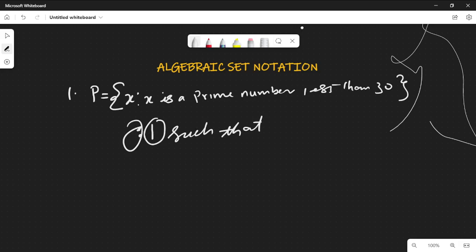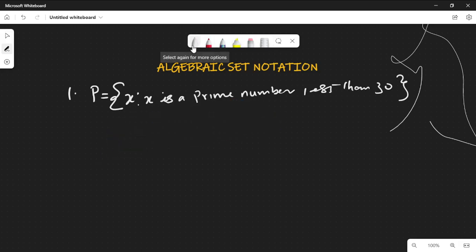All right. If I want to write out the elements of P, I'll write P is equal to the set of prime numbers less than 30.